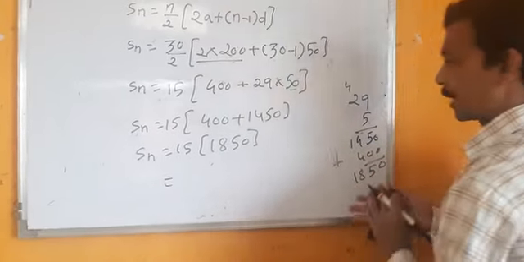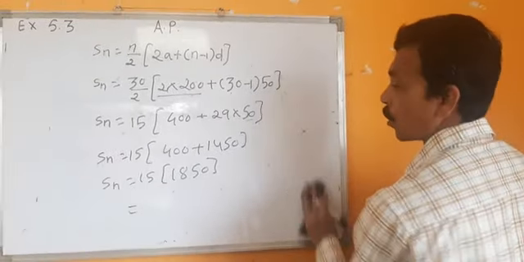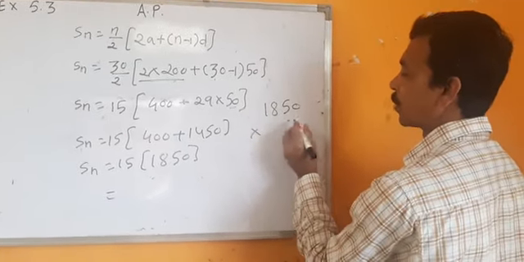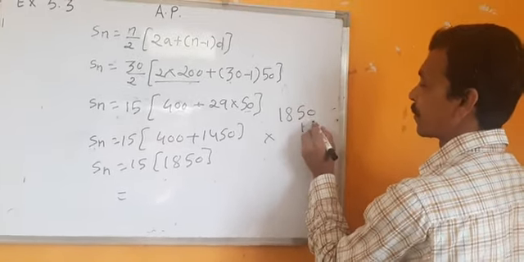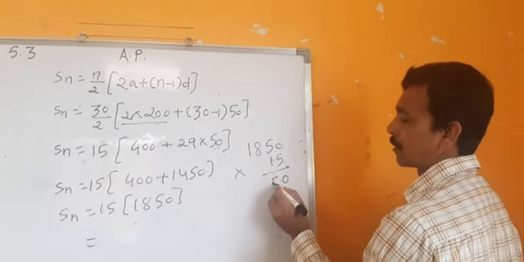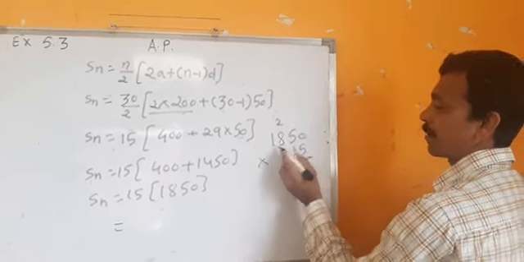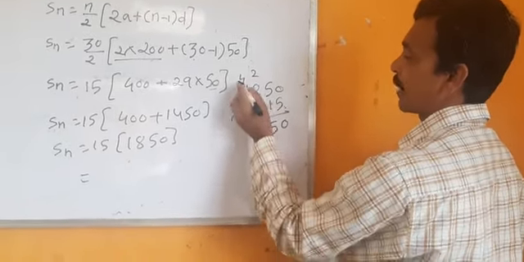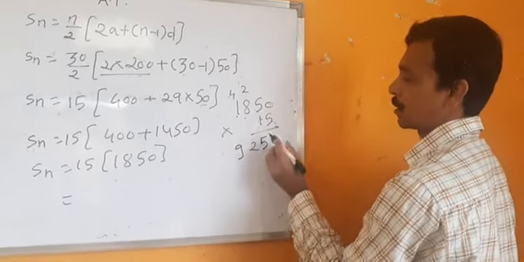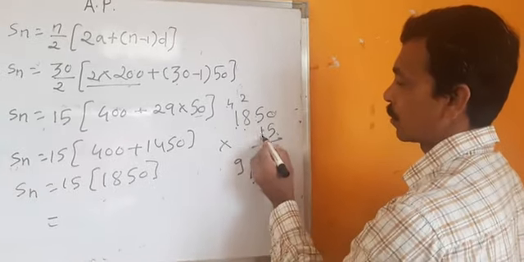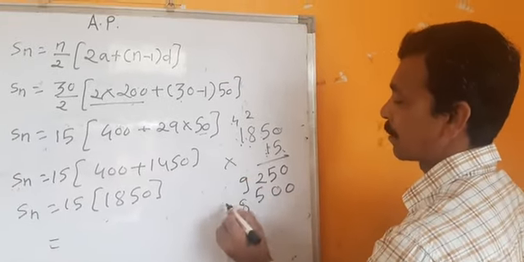1850. Let's multiply 1850 into 15. 5 zeros are 0. 5 5s are 25. 5 8s are 40. 40 plus 2, 42. 5 ones are 5 plus 4, 9. 0 there. 1 zeros are 0. 1 5s are 5. 1 8s are 8. 1 1s are 1.